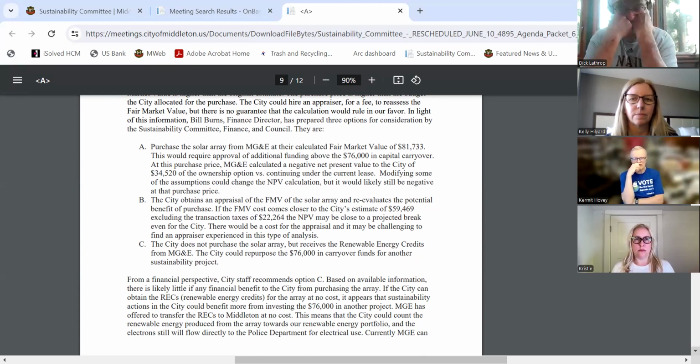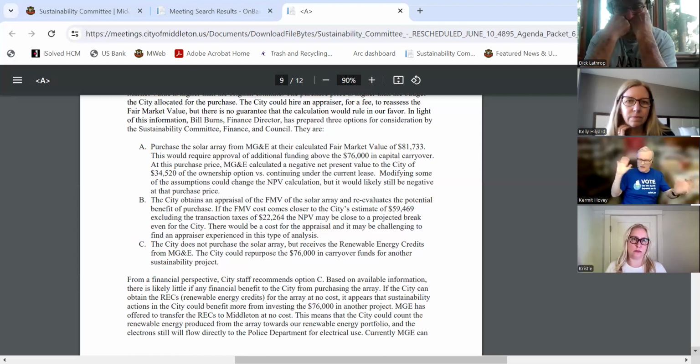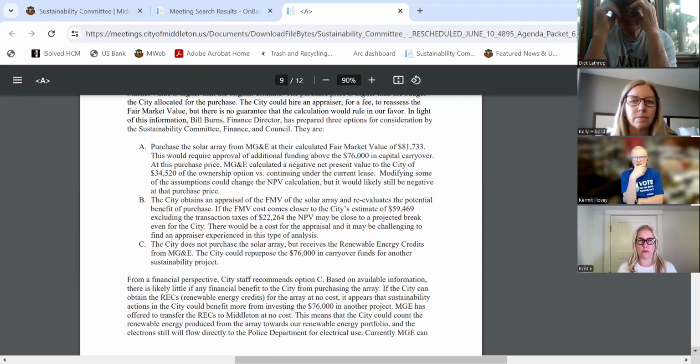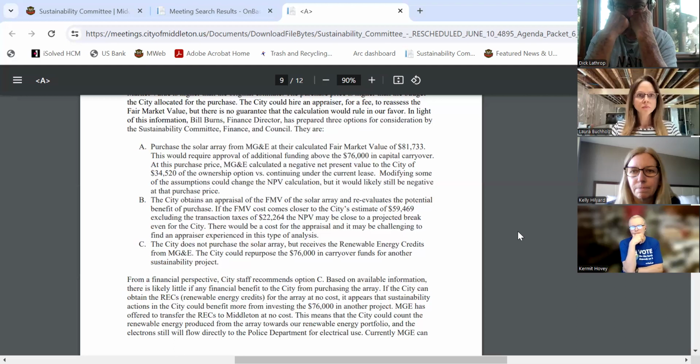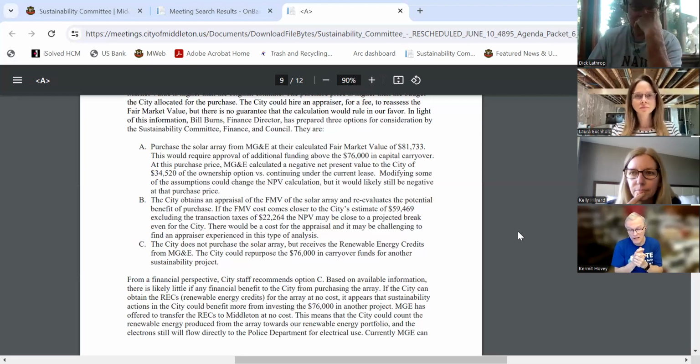It seems to me the Legacy Solar Co-op people have been playing those kinds of numbers and assessing valuations of solar projects, such that they might have worthwhile advice to give us, and perhaps even a basis for questioning the numbers that MG&E have thrown at us, which are different than what the city was thinking, so it sounds like they may not be as accurate as we would like.